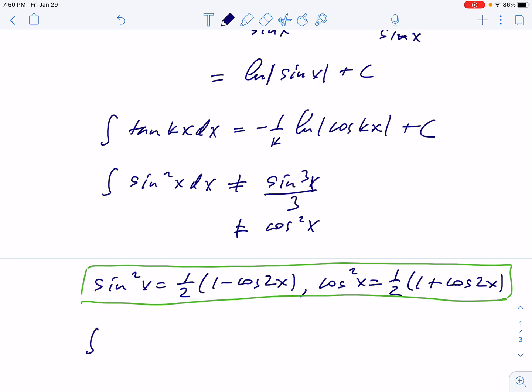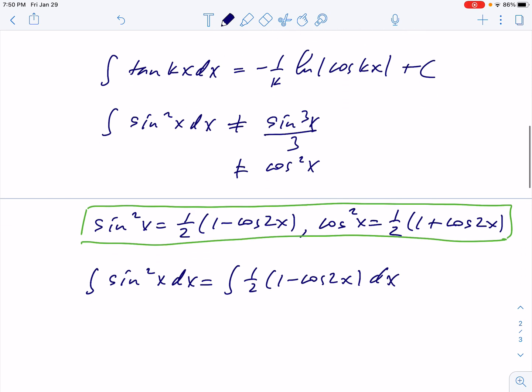Here, if we want to solve the integral of sine squared x dx, we use this representation 1/2 times (1 minus cosine 2x) dx. So we take 1/2 outside and distribute the integration. So this will be the integral of just 1 dx minus the integral of cosine 2x dx.